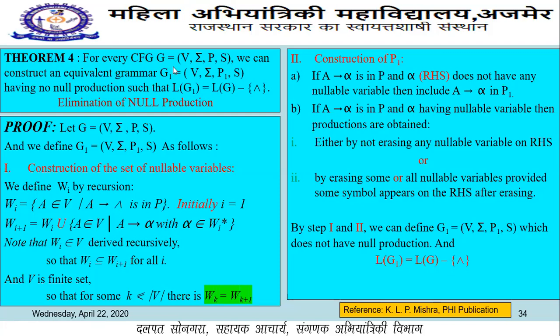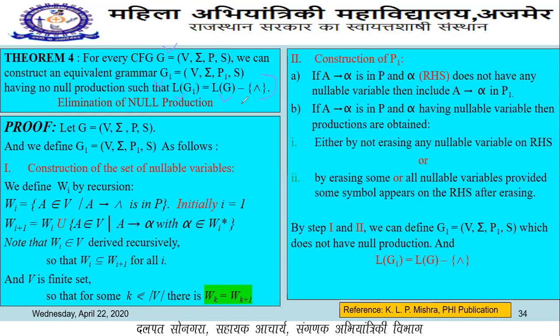So here we learn step by step what this theorem is saying and how we do the work to find out the simplified context-free grammar by eliminating null production. Here we have a given context-free grammar G, and corresponding to this grammar we have to construct a simplified grammar G1, and the language of G1 should be equal to the language of G, but it does not contain the null string.